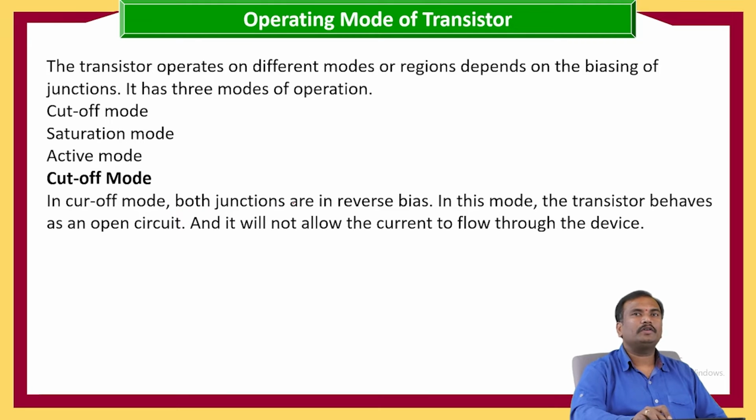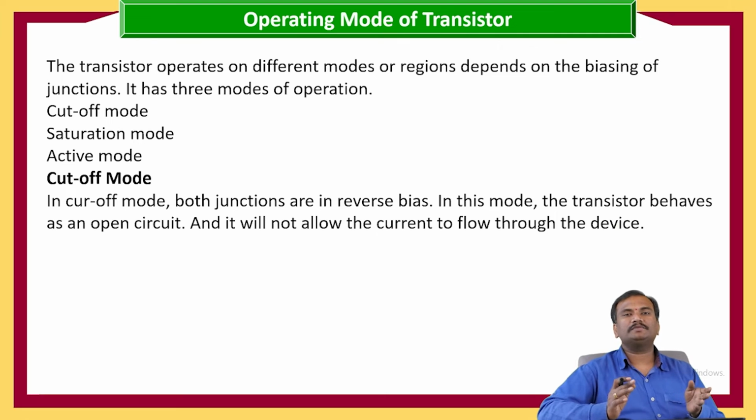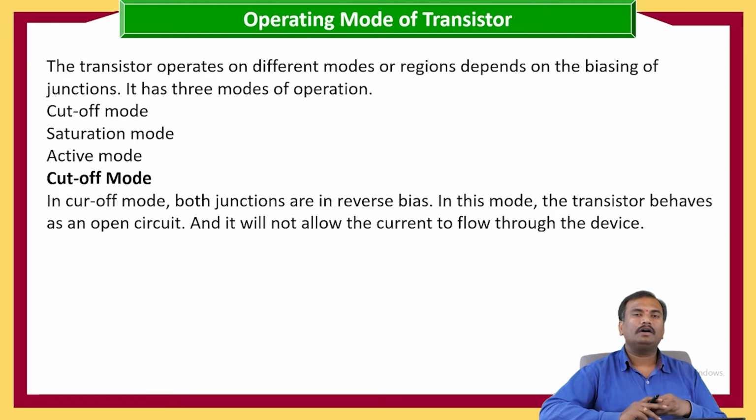In cutoff mode, both junctions are reverse biased. In this mode, the transistor behaves like an open circuit and it will not allow current to flow through the device. When both are reverse biased, there is no conduction of current, there is no path for the current to flow, or there is no electron movement from one junction to another junction. Hence, the transistor will act like an open circuit.